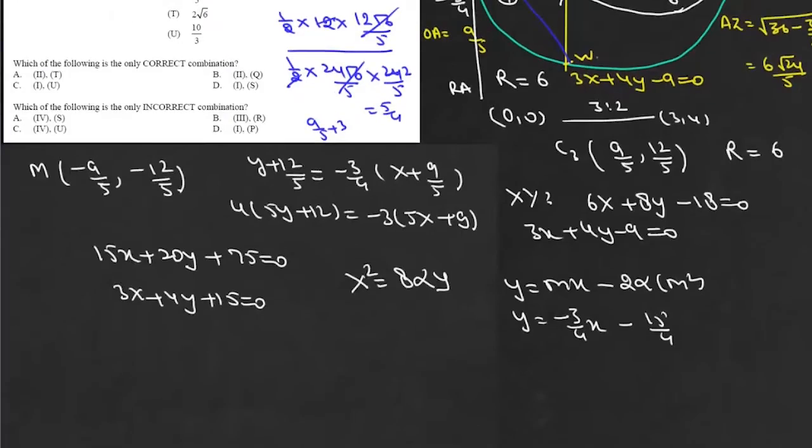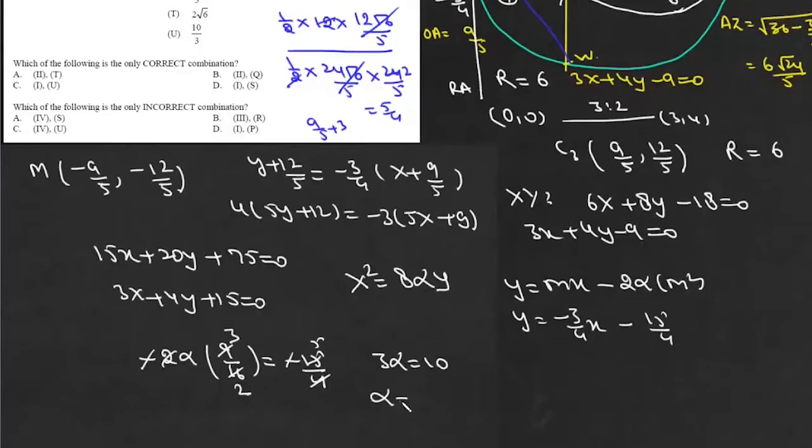So if we equate the two equations, we get minus 2 alpha, and m square is 9 by 16, and it will be equal to minus 15 by 4. Now this minus will cancel. Now this is 4, this is 2, and this is 2, and this is 5. So we get 3 alpha is 10, or value of alpha is 10 by 3.